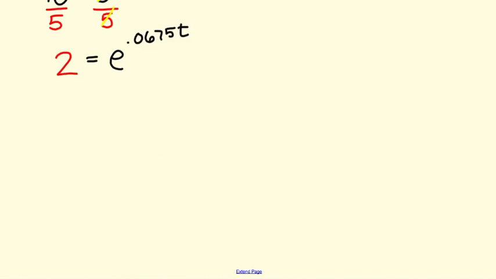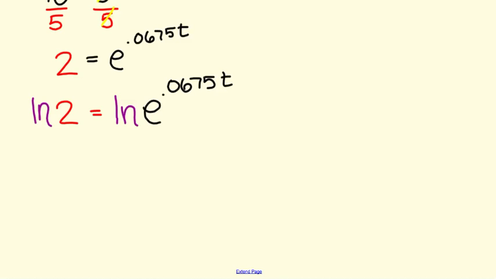Now we are going to take the natural log of both sides. So the natural log of 2 equals, we're going to take the natural log of the right side also. You do one thing to one side, you must also do it to the other. Here's the reason why we want to take the natural log of both sides.